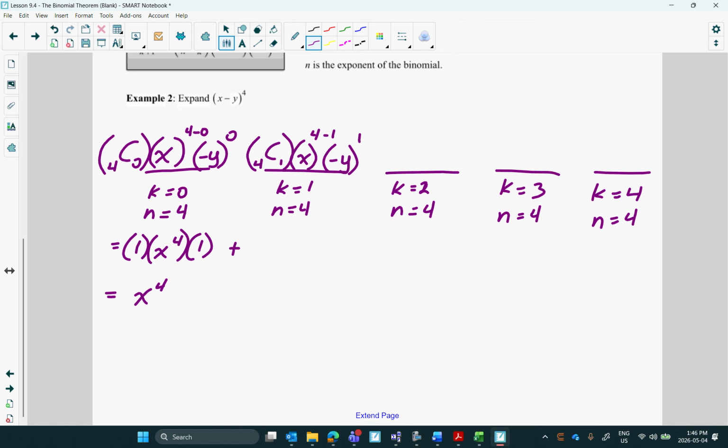Four choose 1 is 4. What's an easier way to say this? X to the 3rd. How about this? Negative y. So notice what happens here. This becomes a minus, doesn't it? And it becomes minus 4x to the 3rd y.